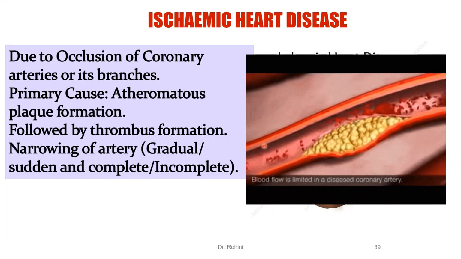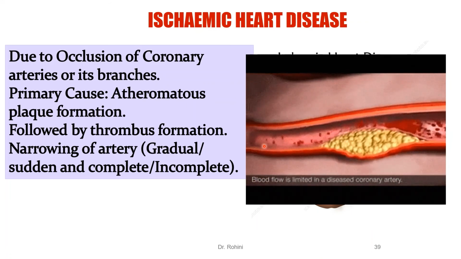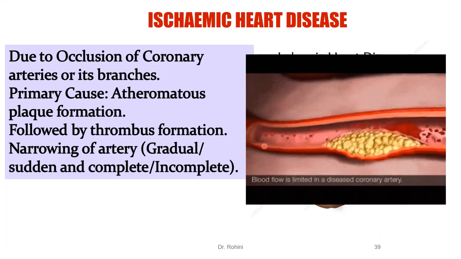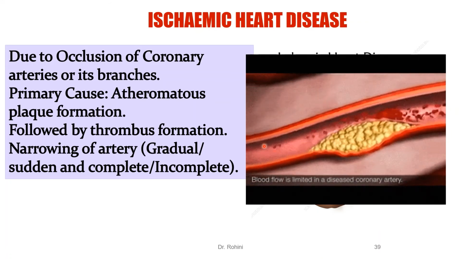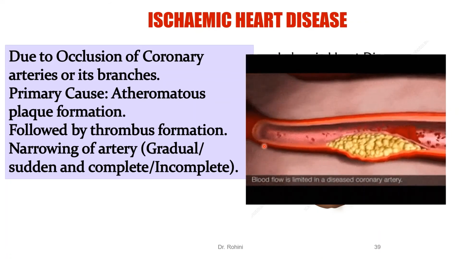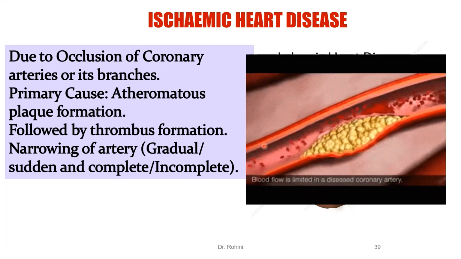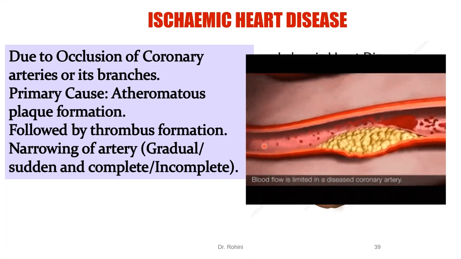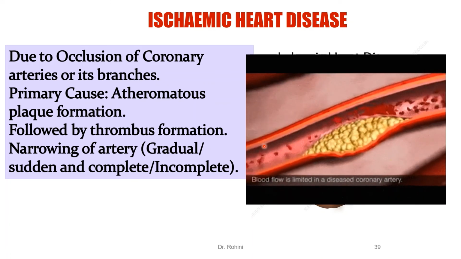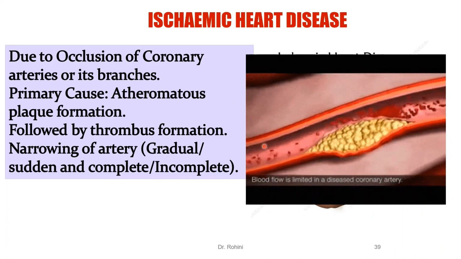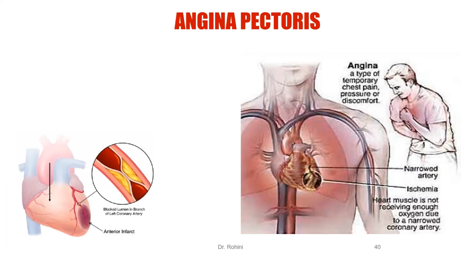Decreased oxygen to the cardiac muscle leads to anaerobic metabolism. There will be more lactic acid and decreased pH, and the pain receptors present in the heart get stimulated by this lactic acid. Ultimately there is increased pain, especially during exercise when more oxygen is required. So ultimately this leads to chest pain.